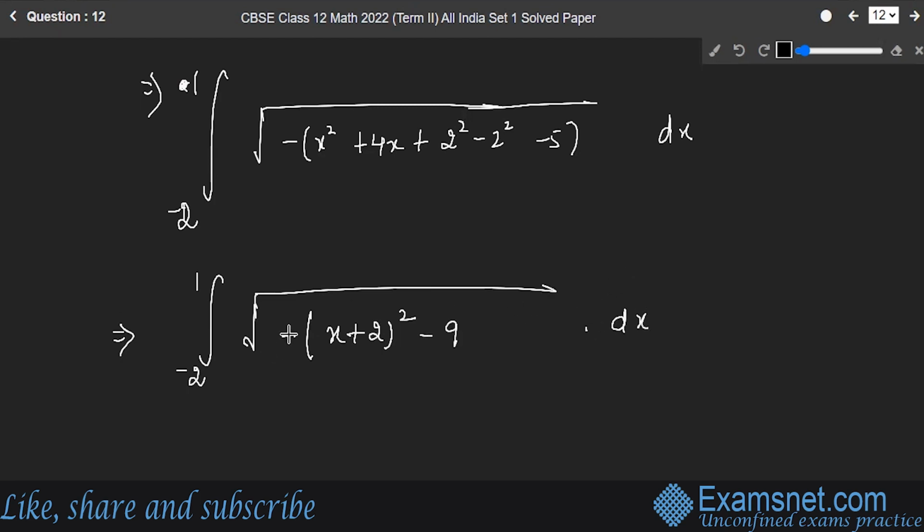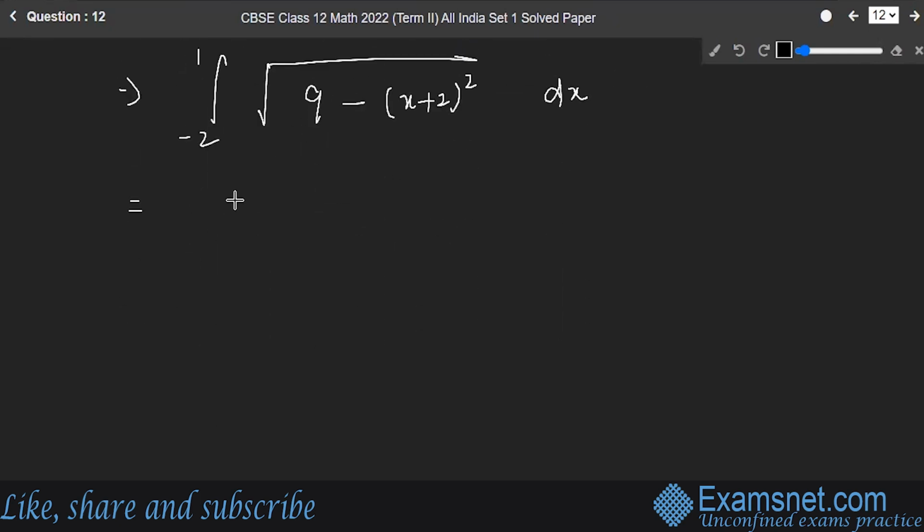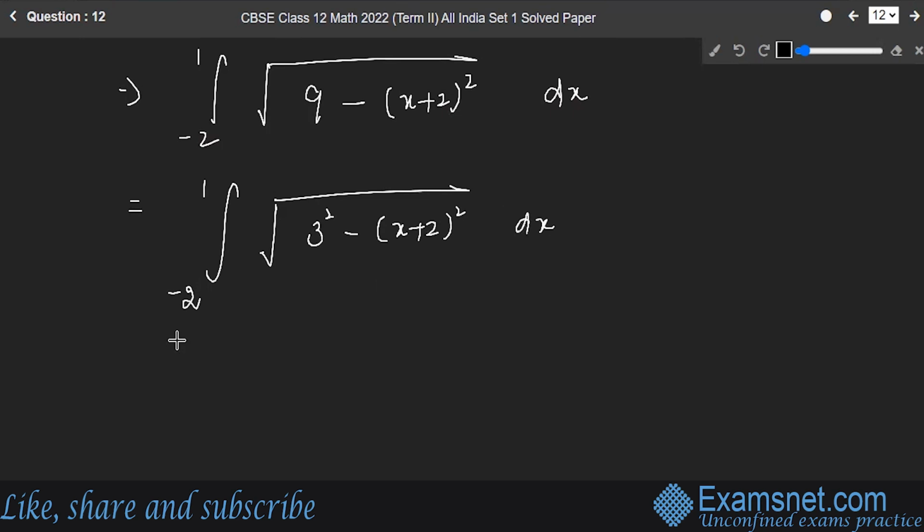Hope you got that, right? This was for the whole. Now this will be -2 to 1, 9 minus x plus 2 whole square dx, that is equal to the integral -2 to 1 of root of 3 square minus x plus 2 square dx.